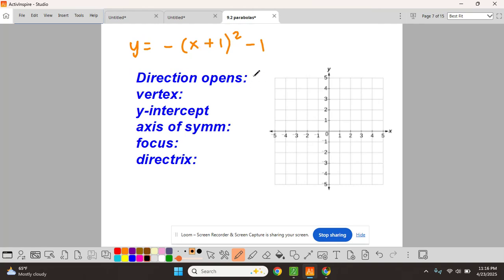So we know this opens downward. The vertex here will be, this is the h and that's the k. The vertex here will become negative 1, negative 1.